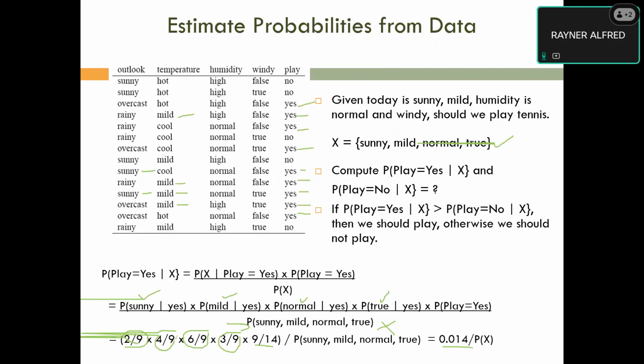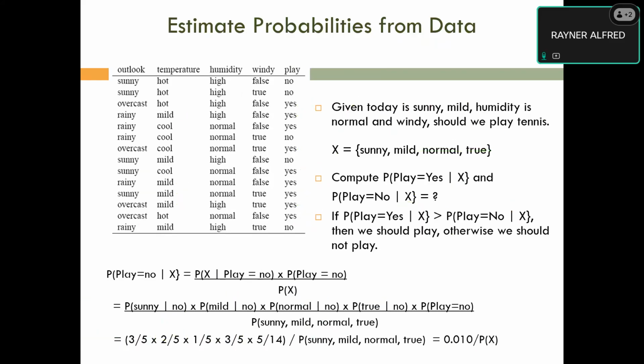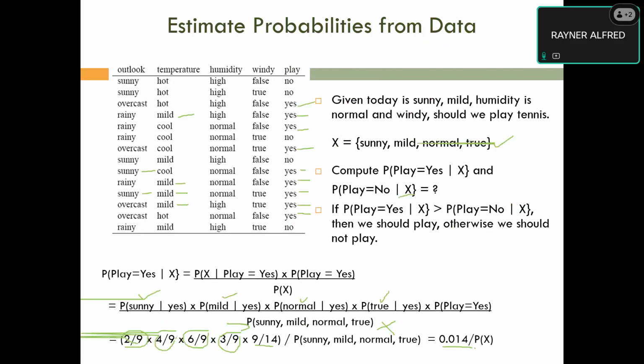Now we recompute this one, but using the no here. For the no, we get 0.010. Given that we have two probabilities, we choose the higher one, which is this one.